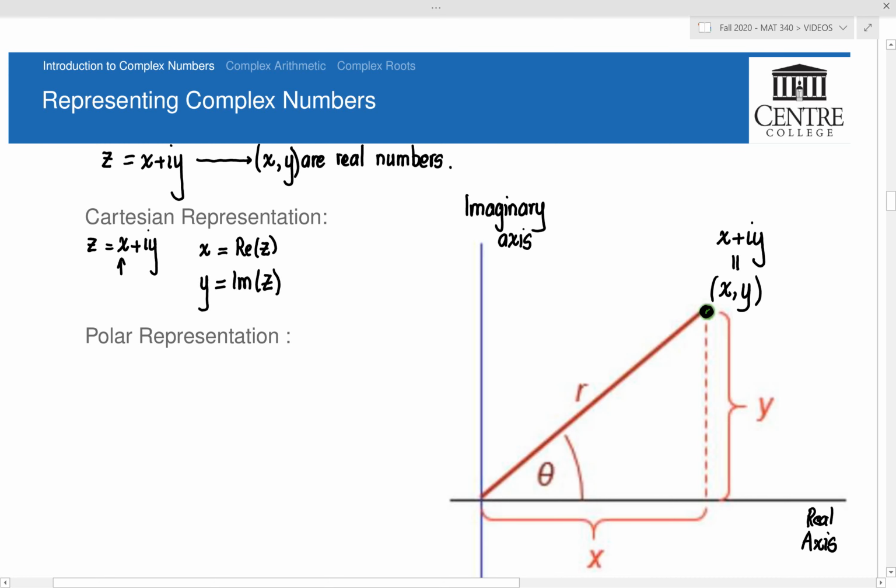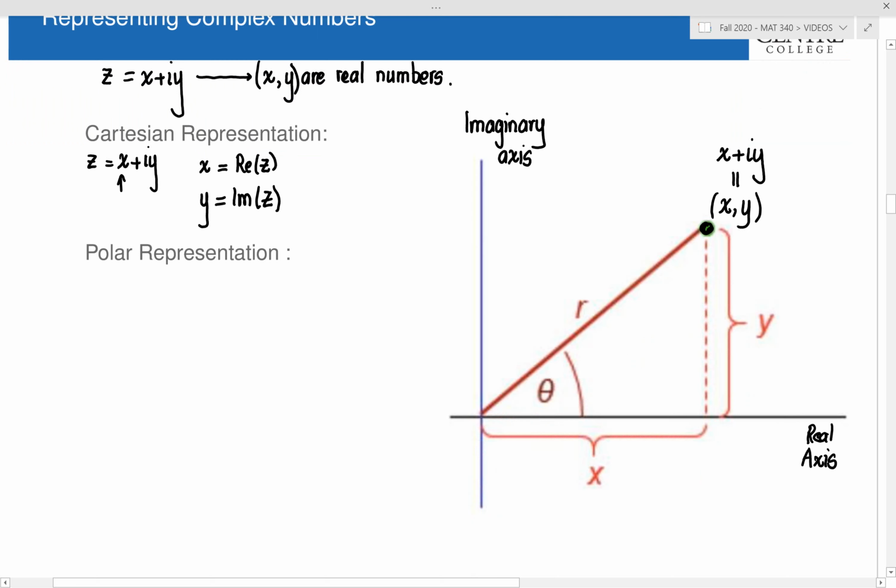Next, we know that a complex number can be represented as a point in the Cartesian plane using x, y, but there's another way of representing points in a Cartesian plane, and that's what are called polar coordinates.